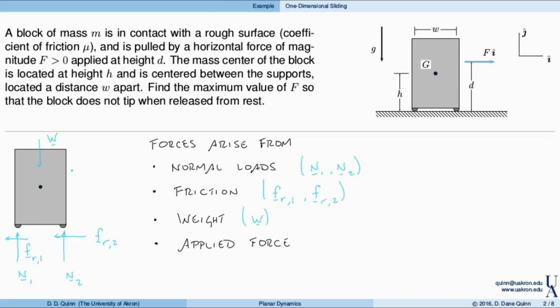So here, that is a force F in the i direction. Now notice that at this point, I am just trying to identify that these forces exist. I am not necessarily saying what they are, or really much about them at all, except just trying to identify that they're there.